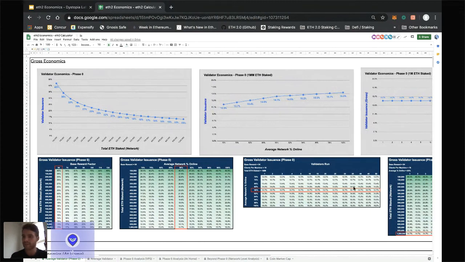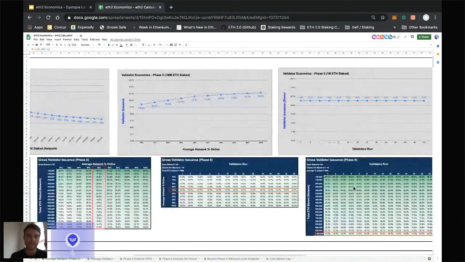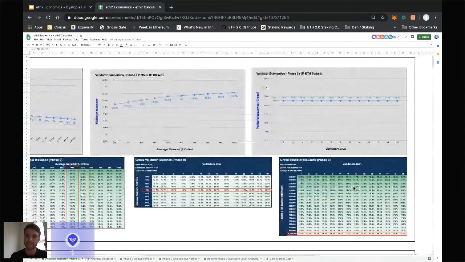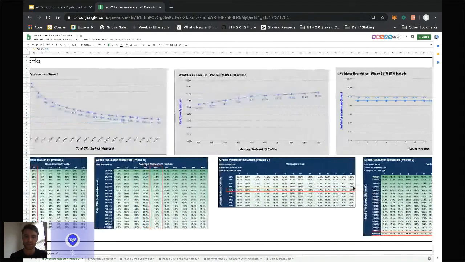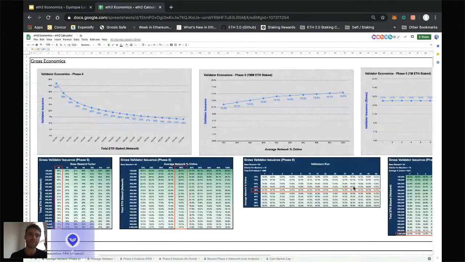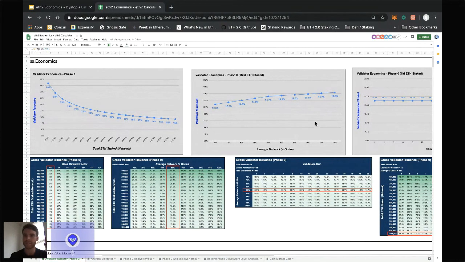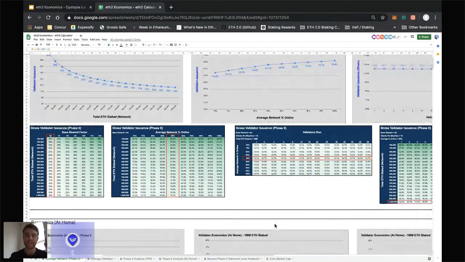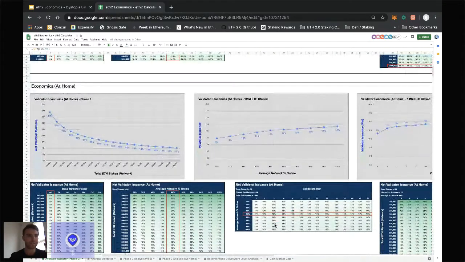And due to the dynamic nature of the rewards, we think it is better to look at these things in grids, one, to understand how the system will behave, but also to get a better gauge if you wanted to figure out a granular anticipation. We believe they're better to look at in ranges. So this is gross economics. A couple of these charts I didn't go through in the presentation, but they're pretty self-explanatory. Again, they're behavioral in nature, and what we hope to achieve here is just understanding how the machine works.